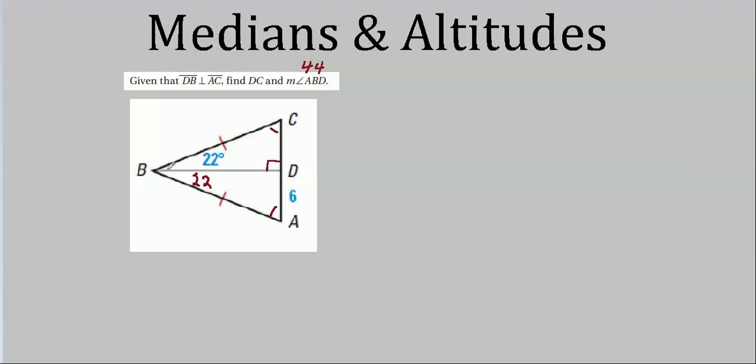Well, again, since we know that our angle bisector for an isosceles triangle is also a perpendicular bisector, CD and DA are congruent, so the length of CD must be 6. So this is 44, and this up here was 6.